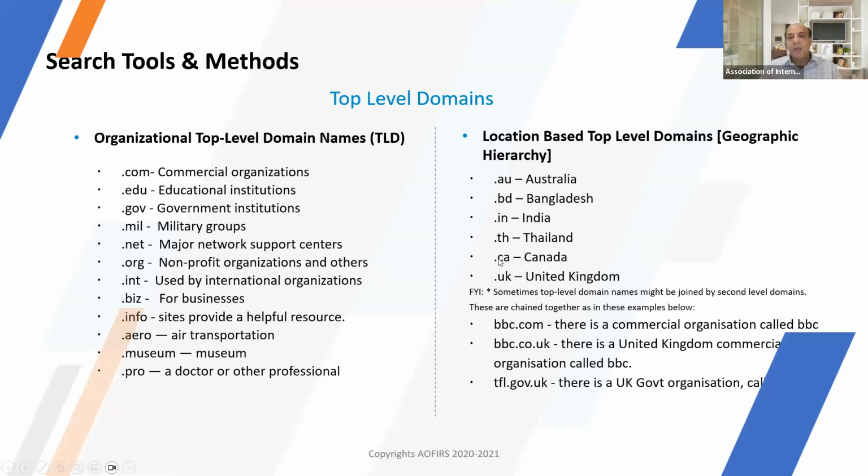So you could do .th, .in. These abbreviations are well known and are pretty much conventions in directing you, when you want to make sure that the link or the URL is restricted to that particular country. You can use these abbreviations.